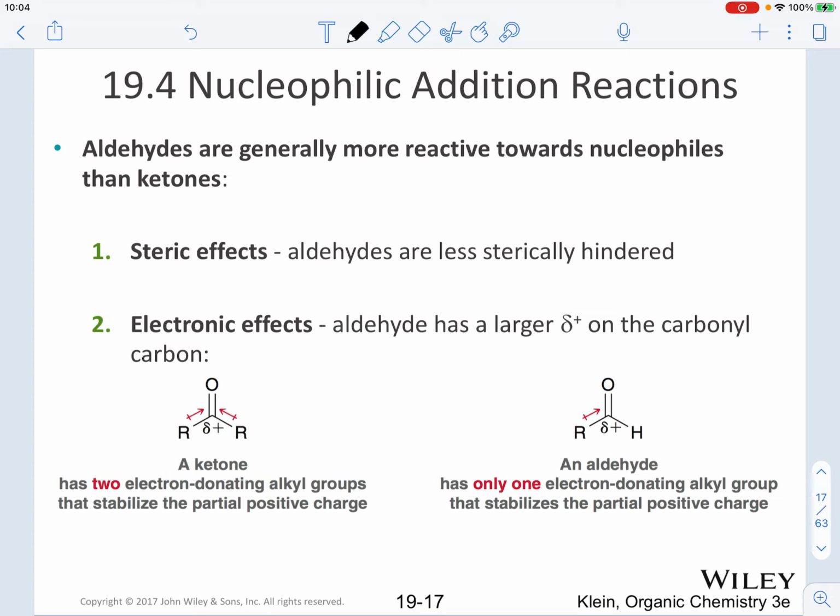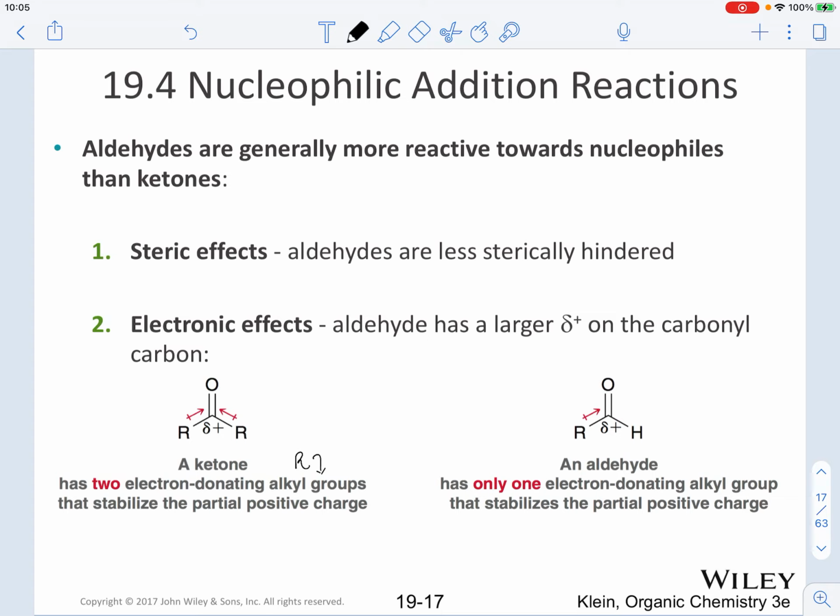Okay, so if we consider the structure of aldehydes and ketones, as you can see in the bottom left corner of the slide, a ketone is going to have two electron donating groups, because remember that the R groups that are present in the ketone are alkyl groups, and that stabilizes the partial charge that is found on the carbon in the carbonyl.